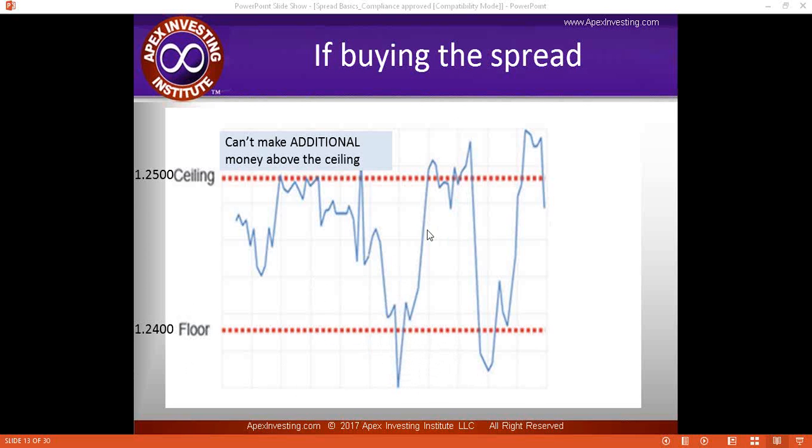I just needed a little more time to be right, and I just needed a little more room to be right. So what happens is you buy here thinking the market's going up, but it makes this little quick move down, and you get stopped out and you lose money. And then when it comes all the way back up here, you're like, man, I could have been right and made all this money, but instead I ended up losing money.